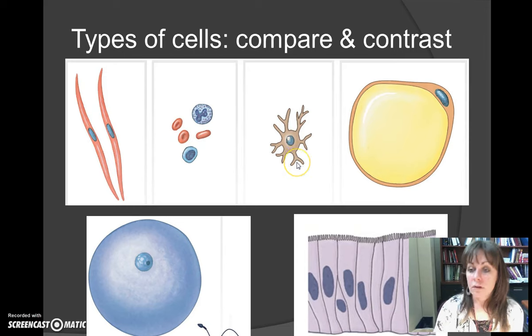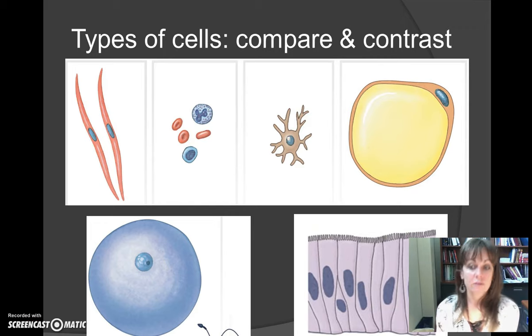And hopefully you can remember from what we just talked about with the themes that these cells, since they have different shapes, different sizes, that means they're going to have different what? And hopefully the word that you would put in there would be functions. So remember, different shapes, different functions.